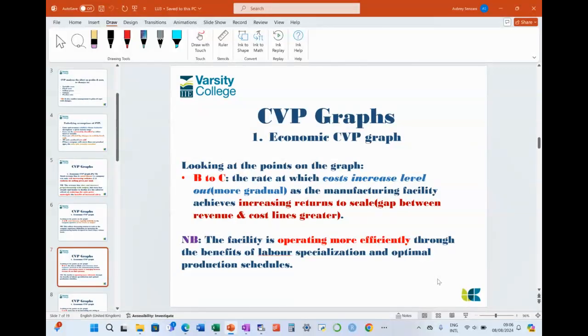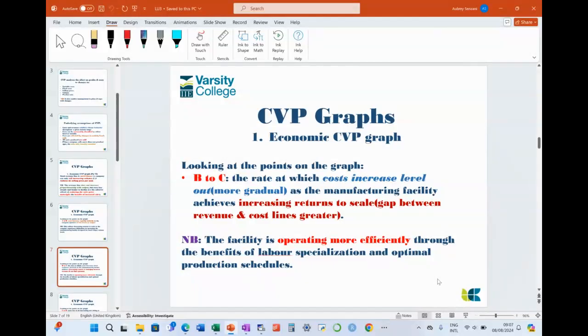So we want the biggest gap there. And this other graph has 2 points where you can see the cost and revenue lines cross. When the cost and revenue lines cross, what do we refer to those specific points? Break even. In other words, where our revenue is equal to our cost.